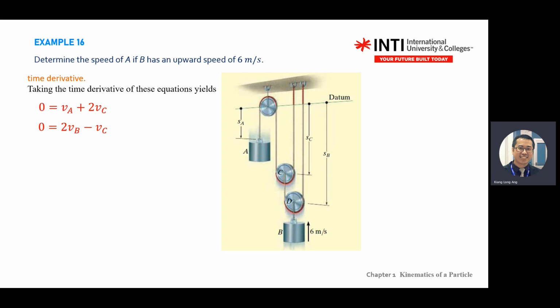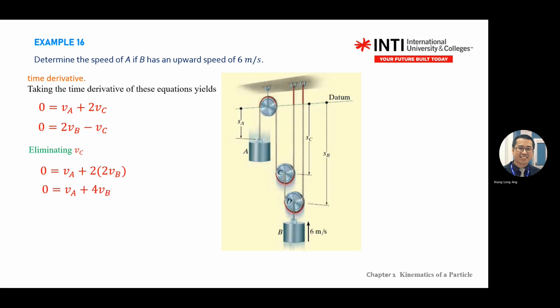So you're actually solving a simultaneous equation, or you eliminate this one. 2 VB equals VC. Substitute inside here. You get VA equals 2 VB, because VC equals 2 VB. Then you solve for that. You get the new equation 0 equals VA plus 4 VB.